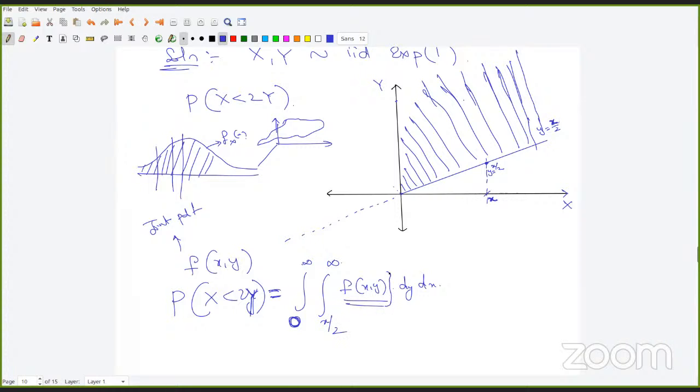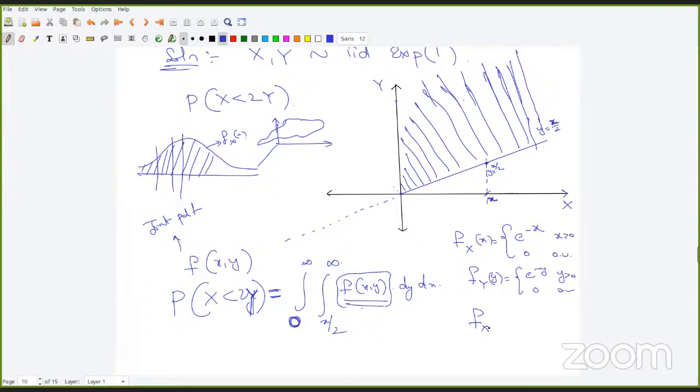And this is the joint PDF. What is the joint PDF of two independent exponential distributions? The product of the individual ones. So f_X(x) is e to the power minus x, where lambda is 1 here, when x is greater than 0, and 0 otherwise. The same for y: f_Y(y) is e to the power minus y when y is greater than 0, and 0 otherwise.